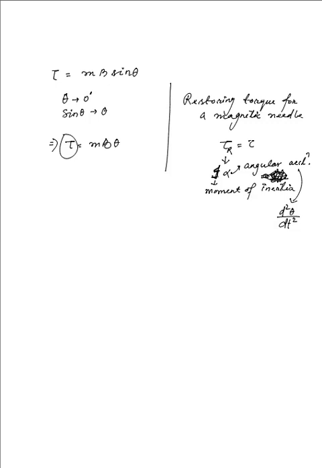So this is the expression for restoring torque, and so in this case I d square theta by dt squared is equal to minus mB theta, because the restoring torque takes it in the opposite sense. That is why we include the negative sign, because torque, remember, is a vector quantity. The restoring torque takes it in the opposite direction.